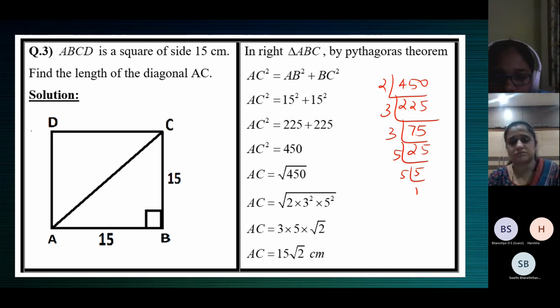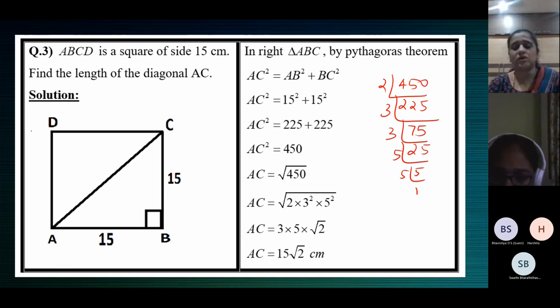Ma'am, since 2 does not have the same exponent. No, the question is not what is the least number to be multiplied. If the question were what is the least number to be multiplied, then 2 would be the smallest number. That is not the question here. You cannot multiply like that. You cannot introduce something new like that.